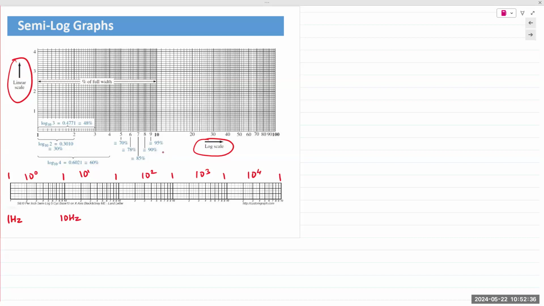So 20, 30, 40, 50, 60, 70, up to the next multiplier, which becomes 1 into 10 raised to 2, 100 hertz, 200, 300, 400, until we get to 1000 hertz, then 2000, 3000, 4000, up to 10 kilohertz, 10,000, and then all the way to the end, 100,000. You can have 100,000 data points onto a normal chart.